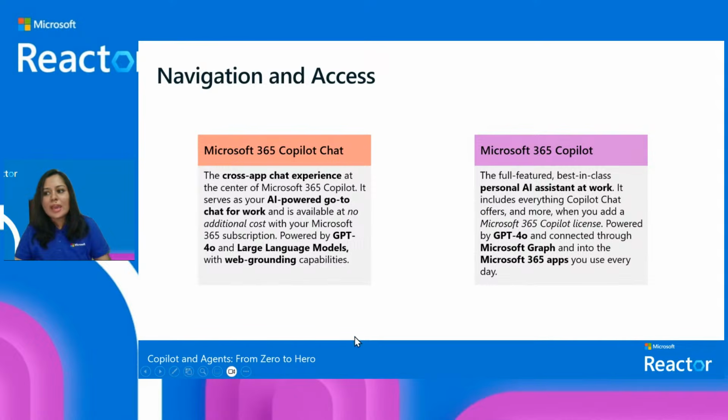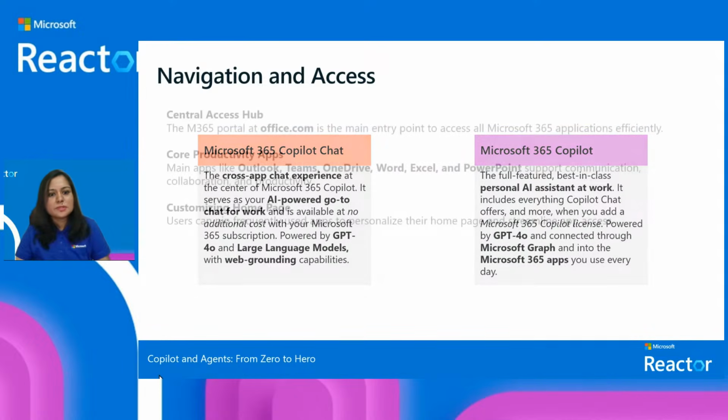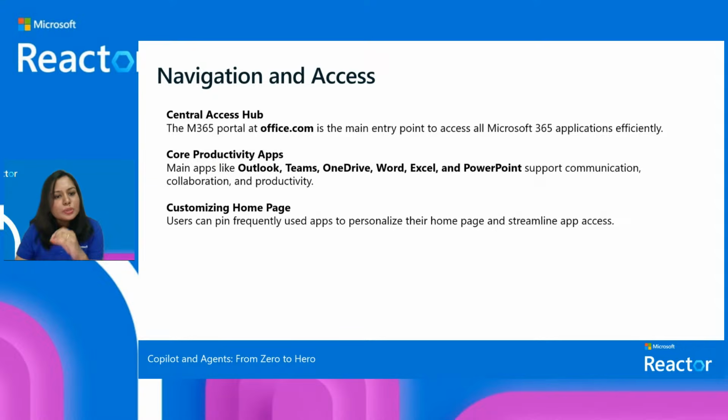Now let's take a look at the navigation and access perspective. To access your Microsoft 365 portal, we recommend using office.com, because that is the main entry point for all of your Microsoft 365 applications.